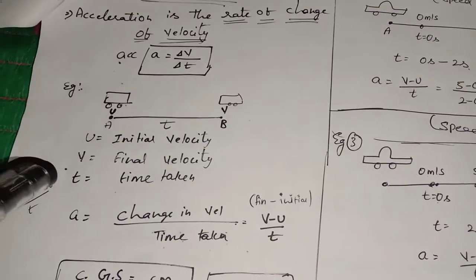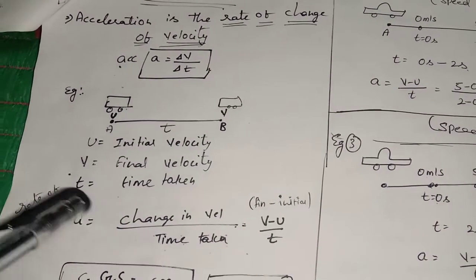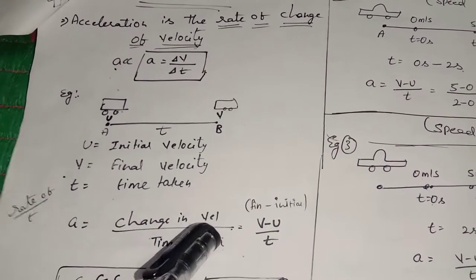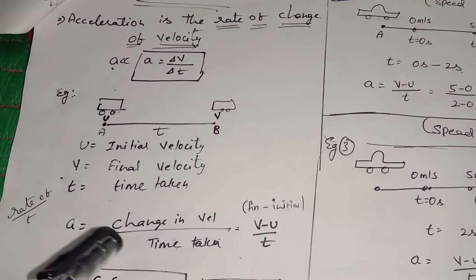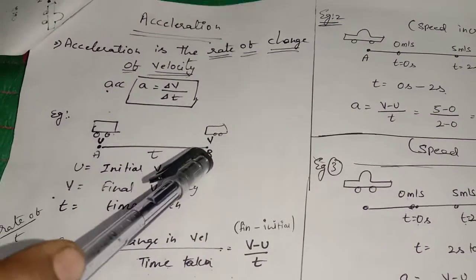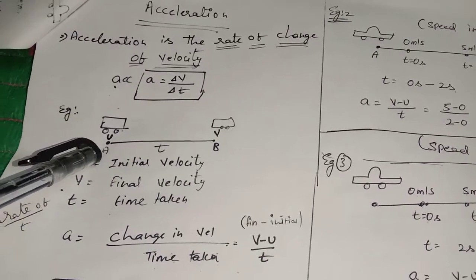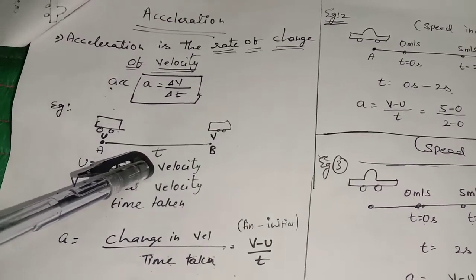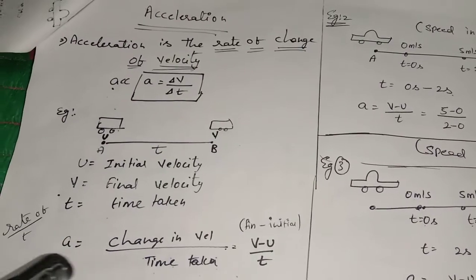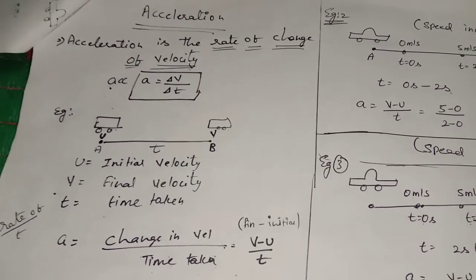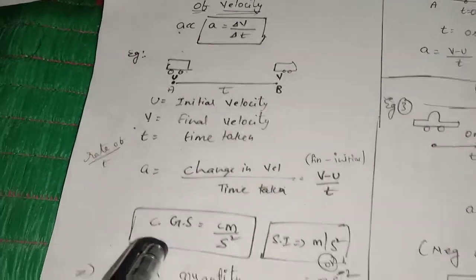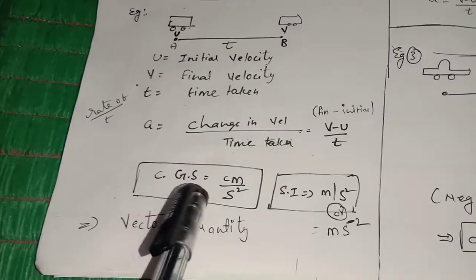Is it clear? Let me explain once again. Acceleration means change in velocity. Change in velocity means final velocity minus initial velocity, divided by time, will give you acceleration. Is it clear, children? Yeah. So then, what are the units?